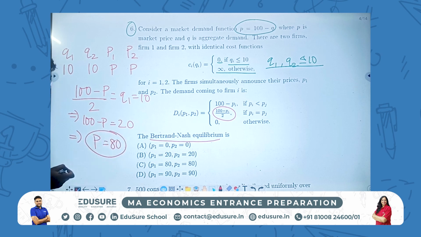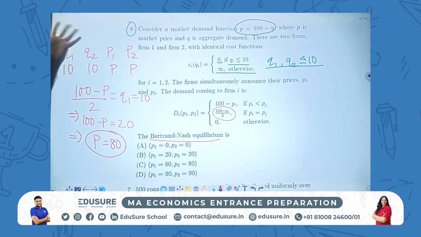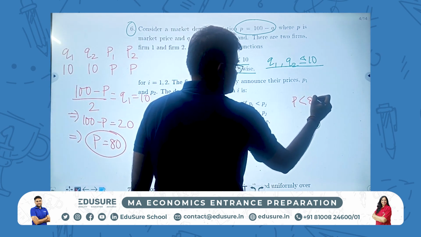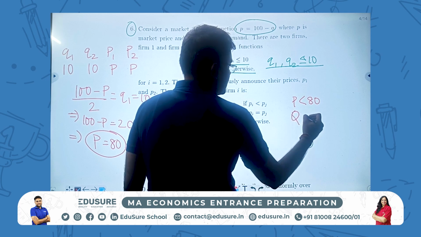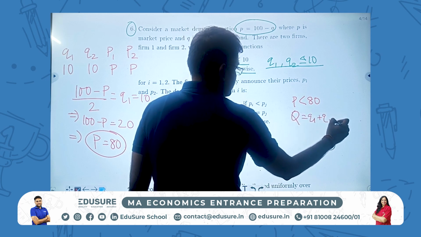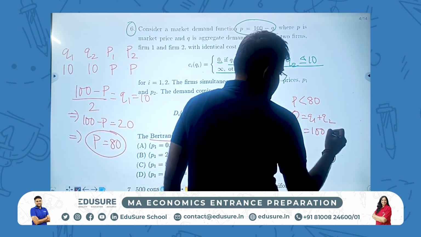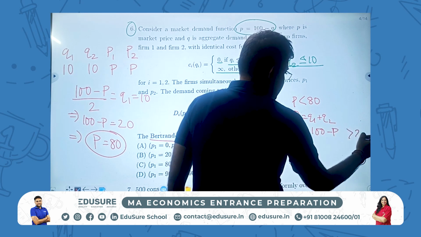Now if undercutting happens below 80, the quantity of either firm will go beyond 10. Because you can see that if P is below 80, the entire output, that's capital Q, which is Q1 plus Q2, the entire output becomes 100 minus P, which is greater than 20.